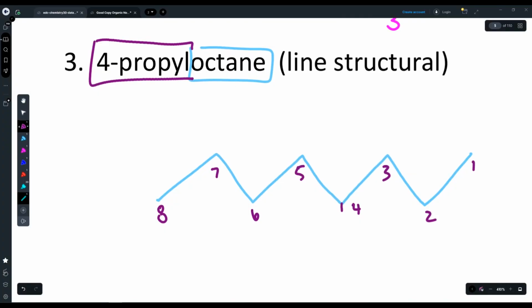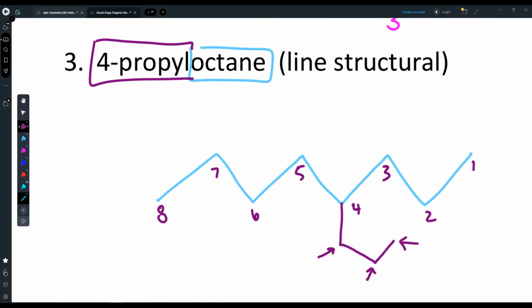So if I showed that, 1, 2, 3. This carbon does not count for the branch. It's part of the parent chain. That's why I was counting 1, 2, 3. How I know I have 3 carbons in my branch is because prop means 3 carbons.